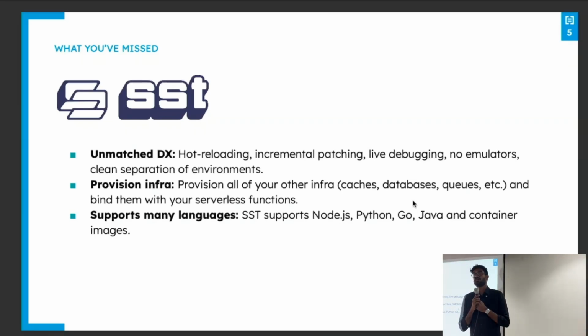But this reminds me of a nice point. Lambdas also support container images now. So it's even easier. I think up to 2 GB of size. So you can technically run Docker images also on lambdas. And cool thing, this supports Docker images as well. Any other questions?